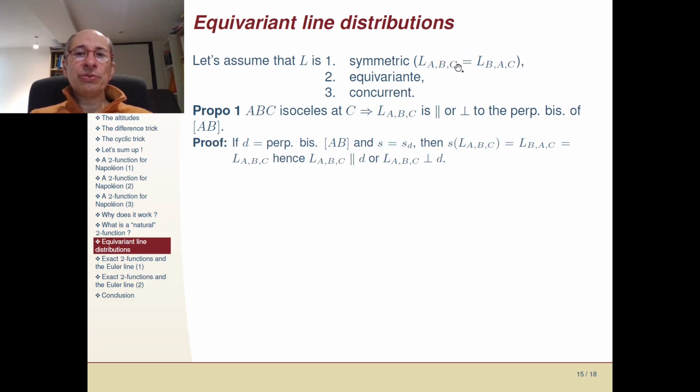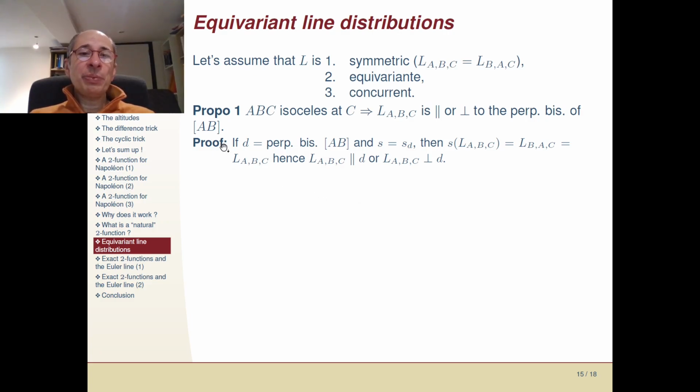For instance, the altitude from C is the perpendicular line through C, perpendicular to AB, but it's exactly the same as the perpendicular line through C, perpendicular to BA. So the line distributions, if you consider the altitudes, the angle bisectors, and so on, and even the Fermat lines, are all symmetric. So we make that assumption, and we also ask for equivariance because this is the sensible thing to do, and we ask them to be concurrent because that's what we are interested in.